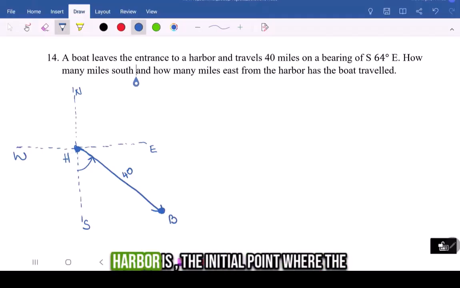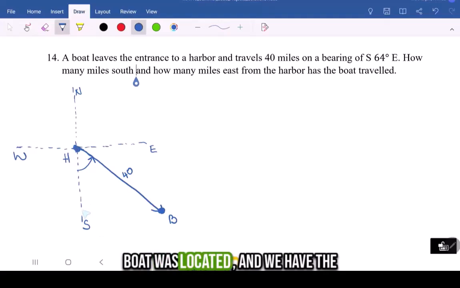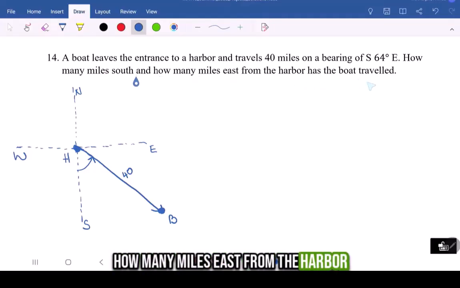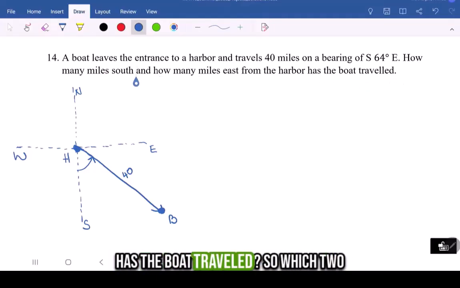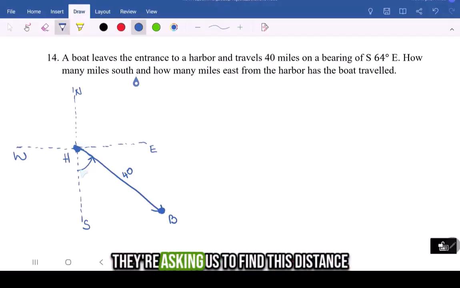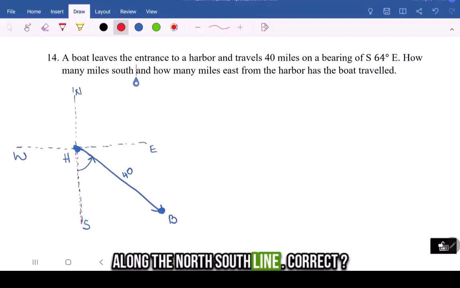This is where the harbor is, the initial point where the boat was located, and we have the north-south line. Therefore, the question is, how many miles south and how many miles east from the harbor has the boat traveled? So which two sides are they asking us to find? They're asking us to find this distance along the north-south line, correct?